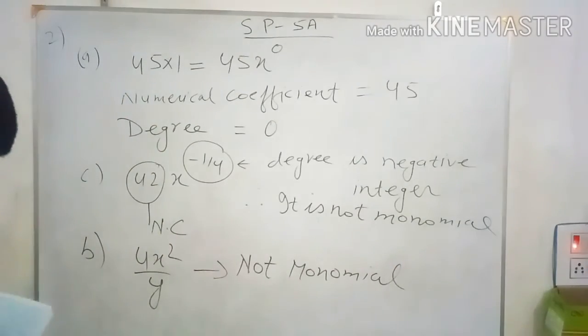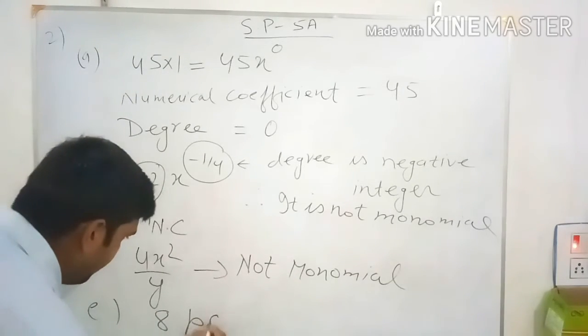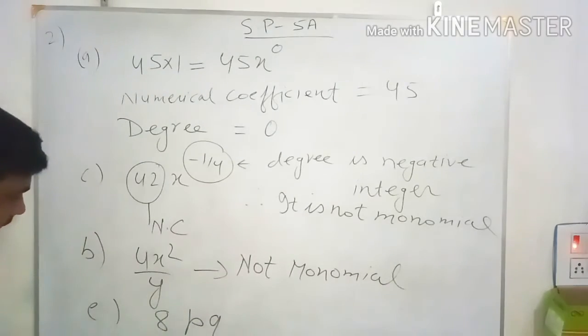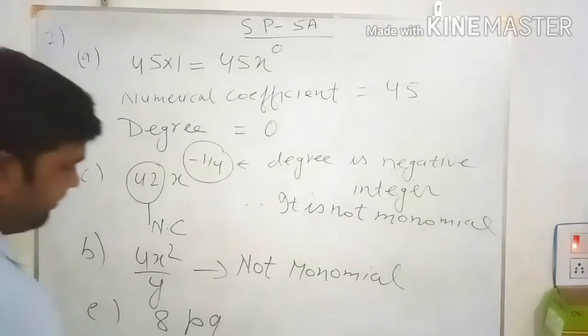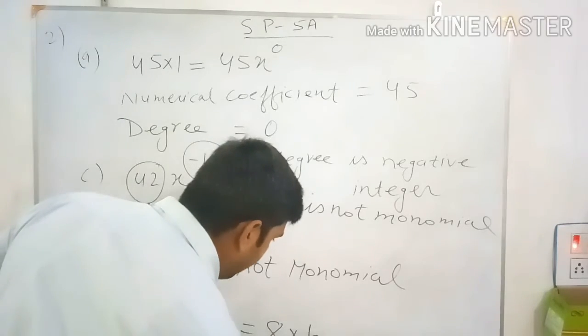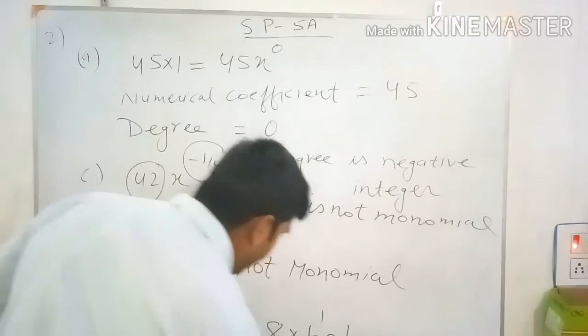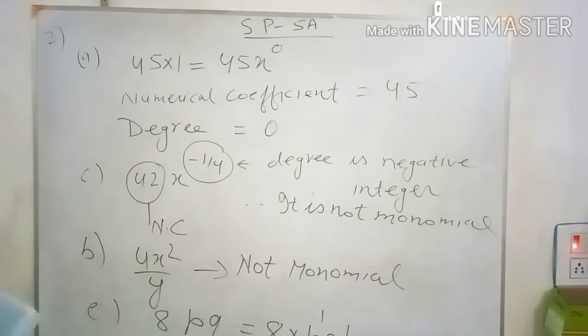Here we can see question number E, 8pq. The numerical coefficient is 8, and for the degree, 8pq can also be written as 8 multiplied by p to the power 1 times q to the power 1. If there is no power over the variable, it is considered as 1.